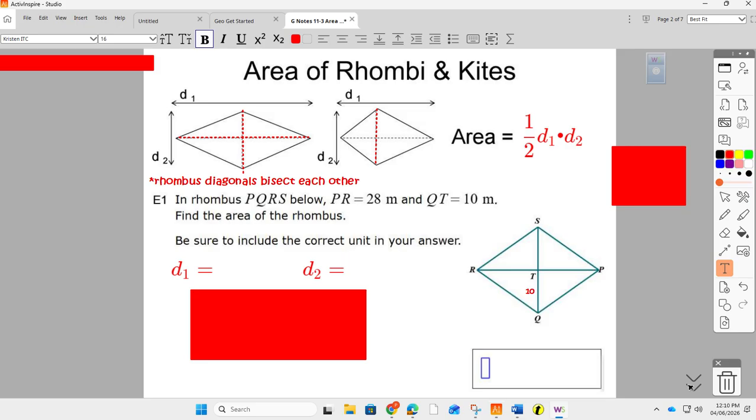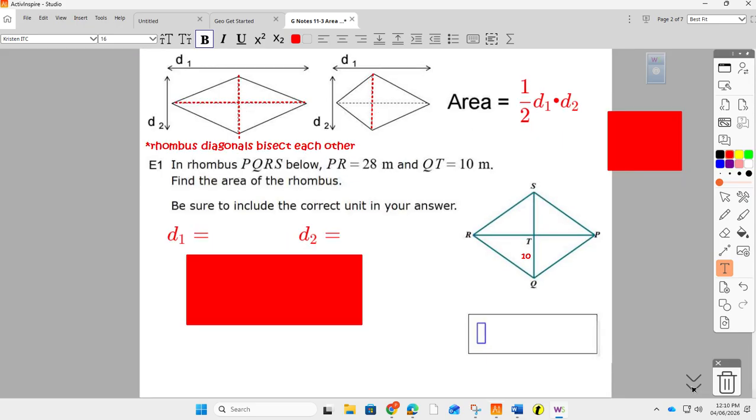So we're going to do an example. In the rhombus PQRS below, the length of segment PR equals 28. So PR is 28, and the length of segment QT equals 10. So we're going to go ahead and label that.